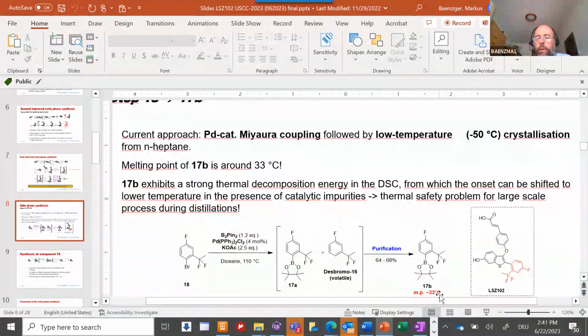It has only a melting point of about 33 degrees. And the problem was also that this product exhibits a strong thermal decomposition energy. So the distillation, and we had several distillation processes in here, was difficult from a safety perspective, because the onset was sometimes shifted to lower temperature, and this exhibited big danger, especially in scale up.